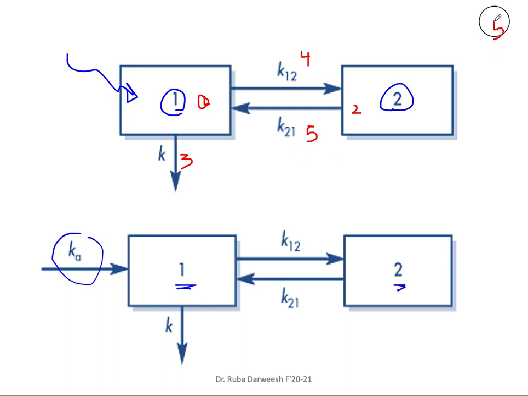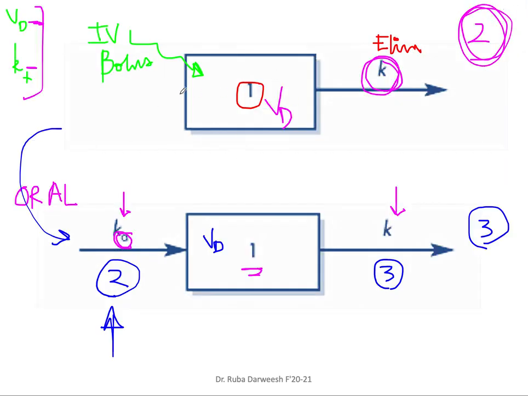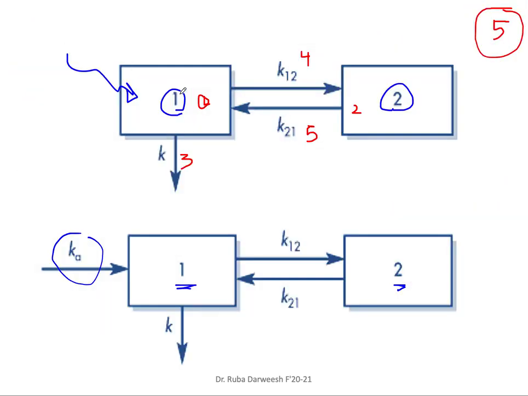So just by adding one compartment compared to this model, which is IV bolus with one compartment, we needed 5 different parameters to define the model. And by the way, this is a simple way to look at it. When we have one compartment versus 2 compartments, you will see what I'm talking about.